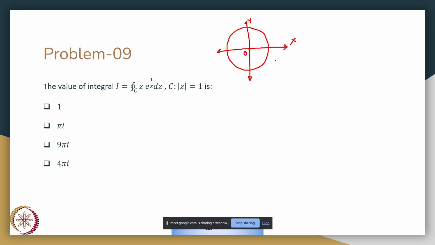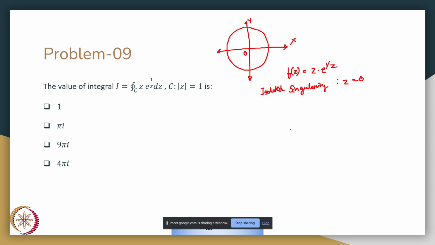We essentially have f(z) equal to z times e raised to 1 by z, and if you notice, we do have an isolated singularity at z equal to 0.